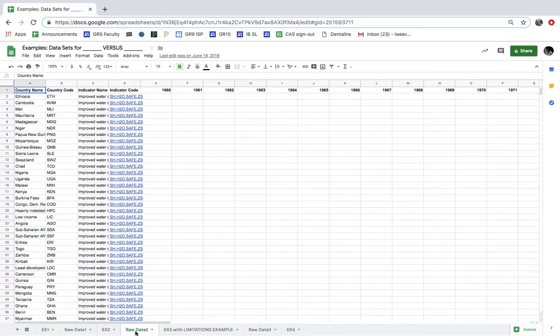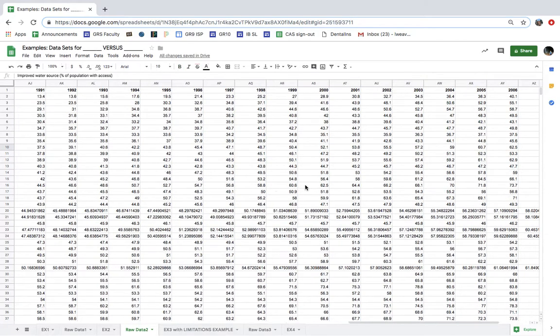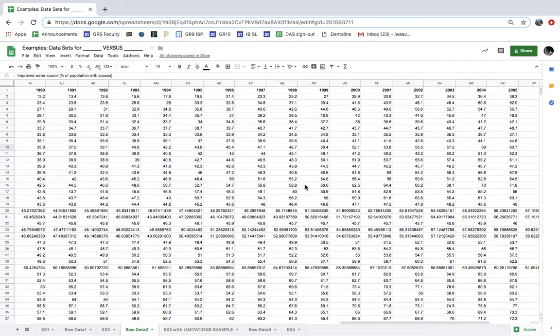Another example is to look at something within social justice. This was taken from the World Data Bank, and it looks at access to water, percent of the population with access to clean water. What I could do here is compare two years. To what extent has water access improved? Does 2010 outperform 1990?